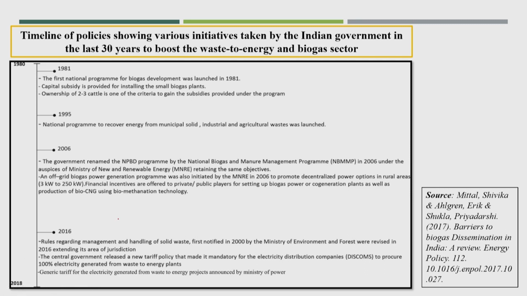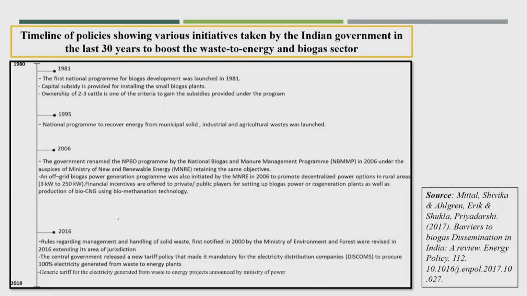In 2016, the rules regarding management and handling of solid waste, first notified in 2000, were revised, and the central government released a new tariff policy that made it mandatory for electricity distribution companies to procure 100% of the electricity generated from waste to energy plants.